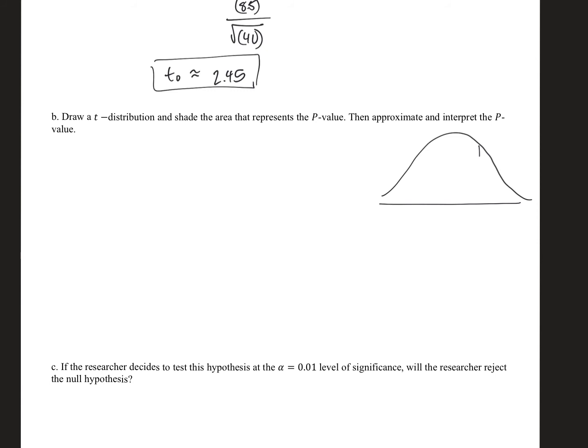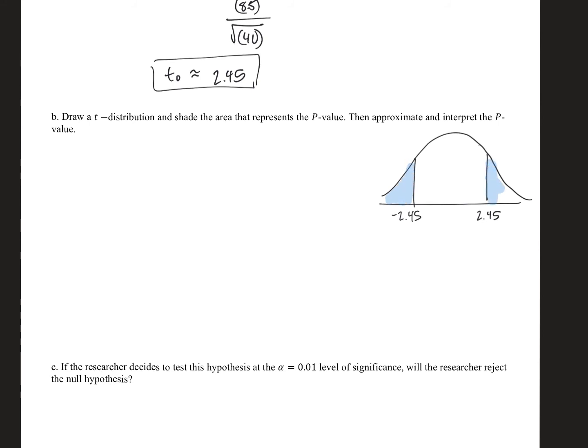So we have 2.45, but we're also looking for negative 2.45 since it's two-tailed. Okay, and then that is the area that we're looking at.